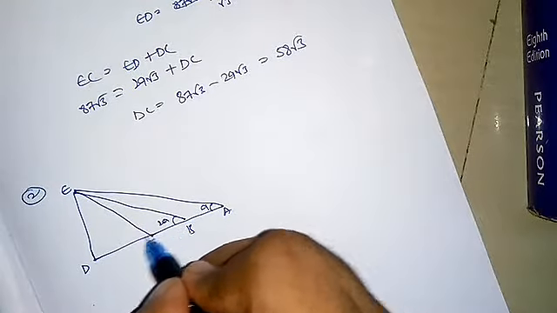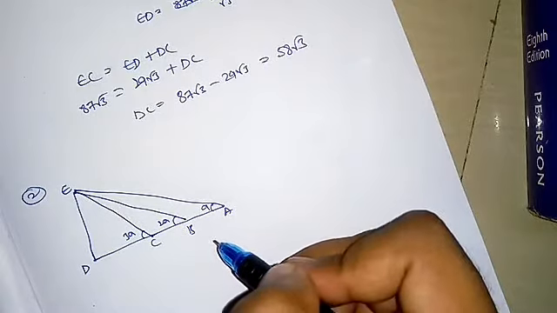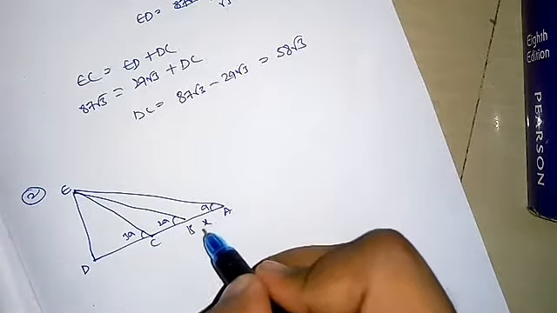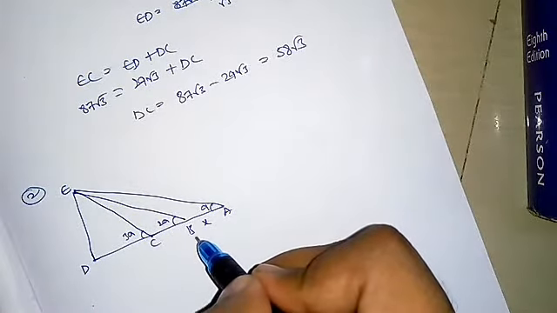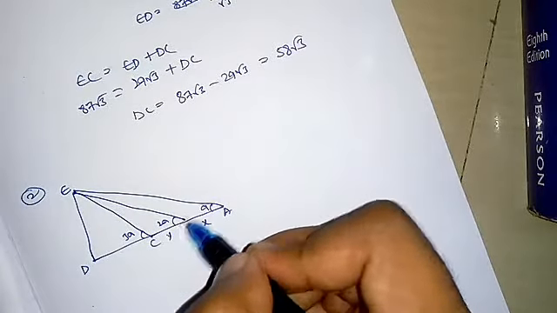So this angle is 2A and this is 3A. If the distance between the boats A and B is X and the distance between the boats B and C is Y, you are asked to find the height of the lighthouse.